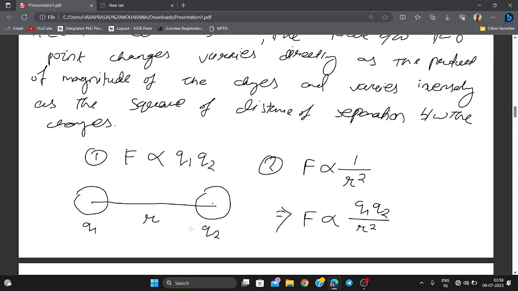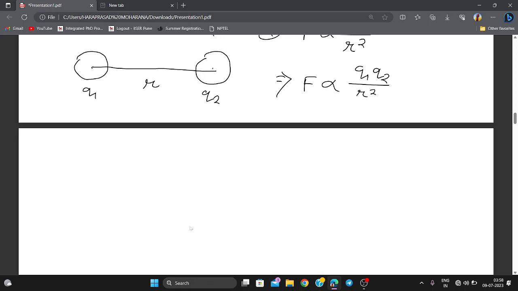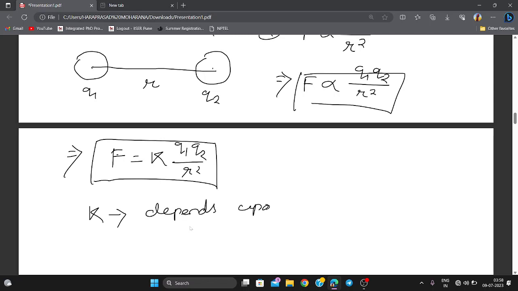Okay, so I can write it this way, and then by eliminating the proportionality constant, I write F equals a constant k, Q1 Q2 divided by r square. What is this proportionality constant? What is its value? It depends upon the nature of the medium.